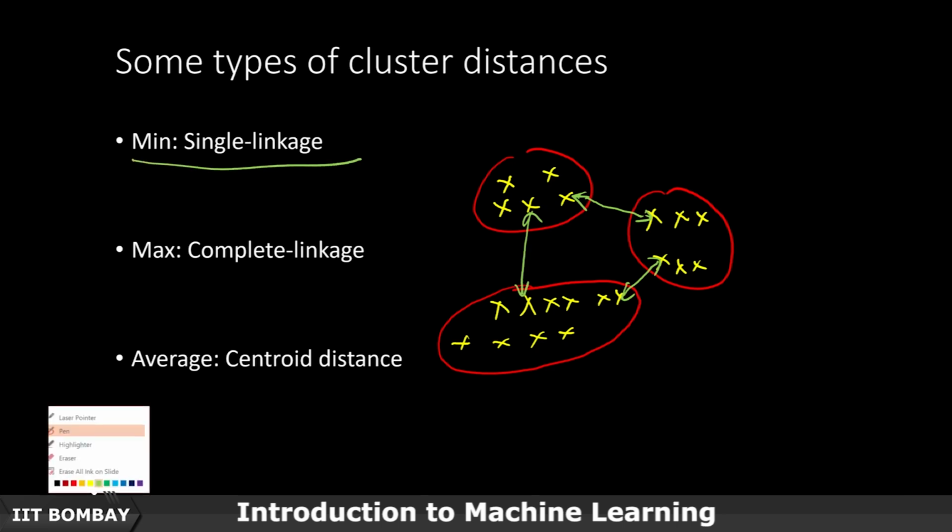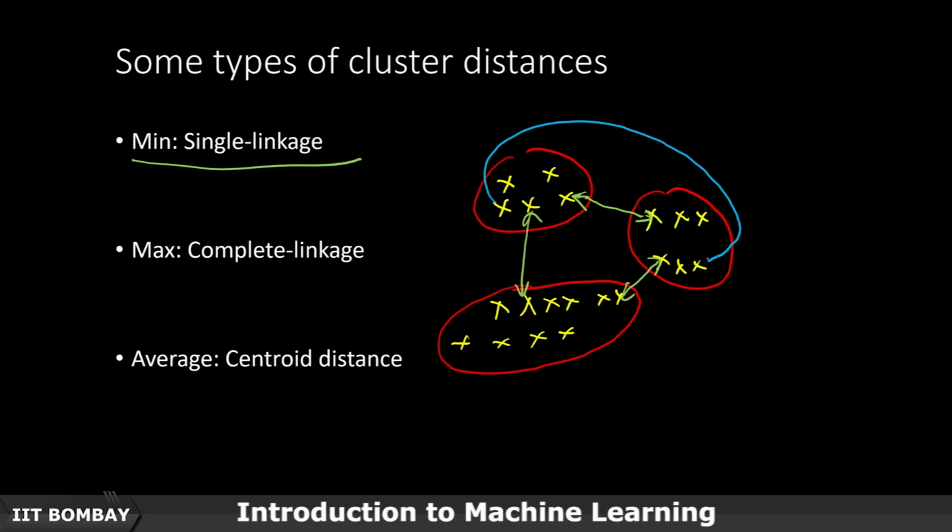On the other hand, if we are looking at maximum linkage, then we will look at the maximum distance, which could be, for example, between these 2 points, between these 2 points, and between these 2 points. Between the blue arrows, assume that these arrows are not curved but straight lines, the ones that represent the minimum, those two will be merged.